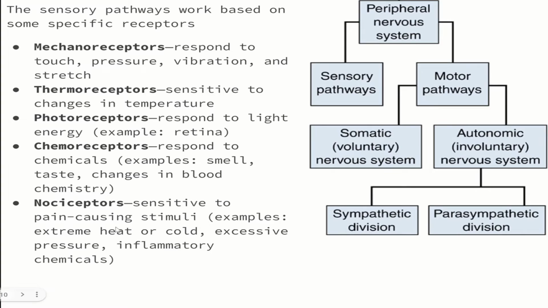These are pain receptors. So these are going to respond to extreme heat or cold or excessive pressure or breaking of the skin will activate these. And they're going to relay that information to the brain. These are actually incredibly important because without that sense of pain, we can actually do incredible damage to ourselves.